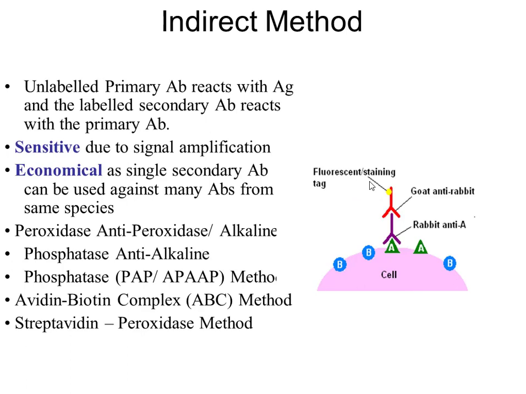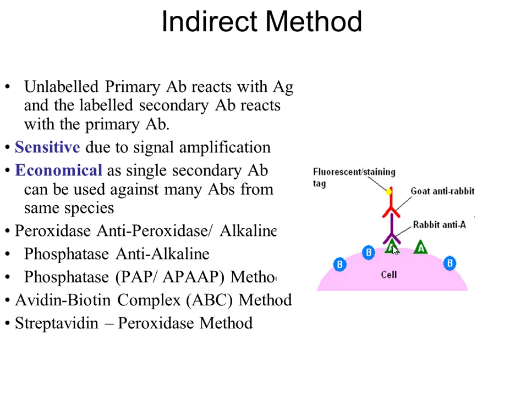Indirect method: unlabeled primary antibodies react with the antigen, and the labeled secondary antibodies react with the primary antibodies. Like this: antigen, primary antibody, and secondary antibody, whether fluorescent or with an enzyme label, and all of them react with each other.